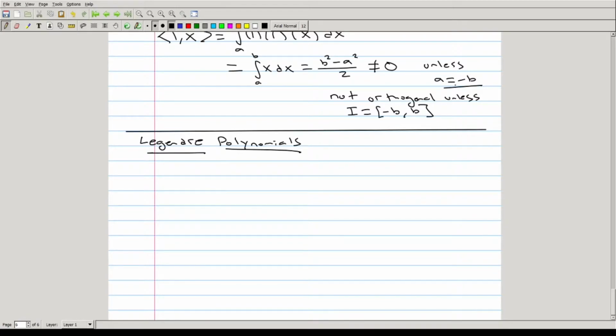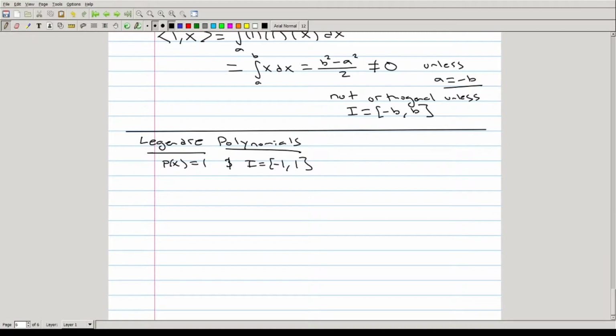This is after Adrien-Marie Legendre, who discovered them in 1782. This is a system of complete and orthogonal polynomials with a vast number of applications. These are typically taken with the weight function as 1, and the interval I is the interval from -1 to 1.